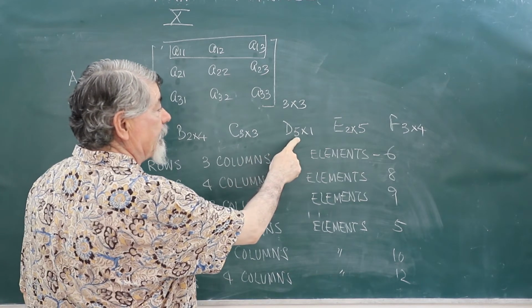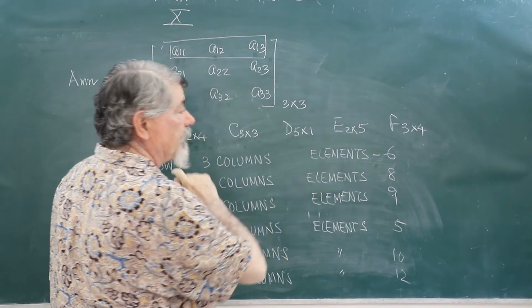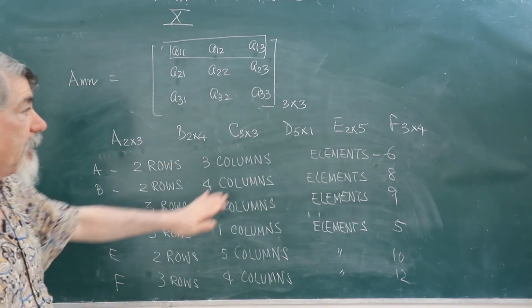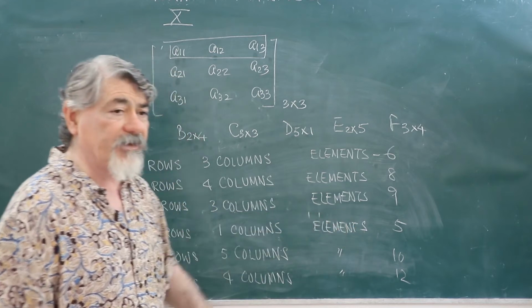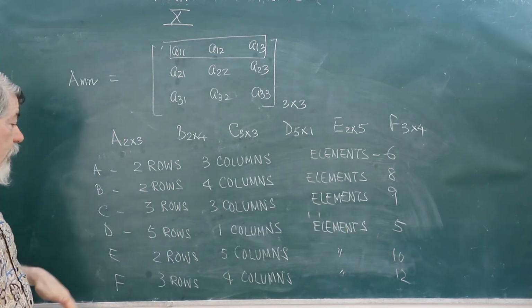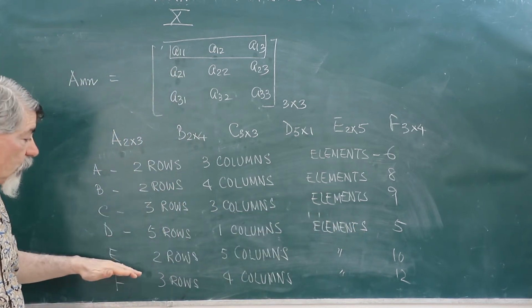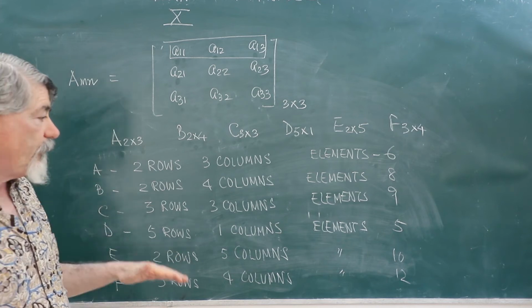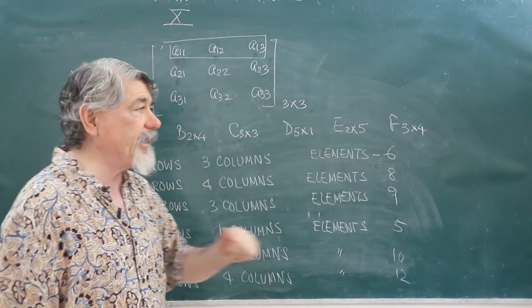Like D, the order of the matrix is 5 into 1, but the number of elements will be 5. Similarly, E has 2 rows and 5 columns, so the order of this matrix is 2 into 5 and elements will be 10.